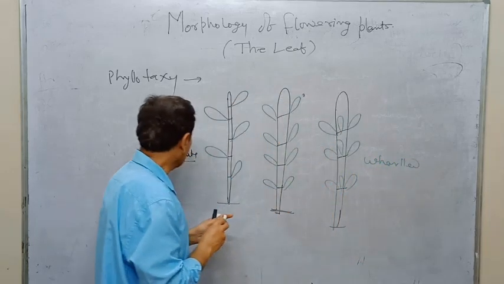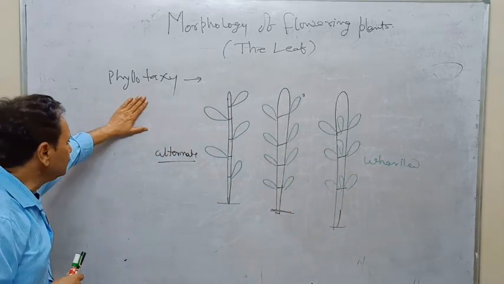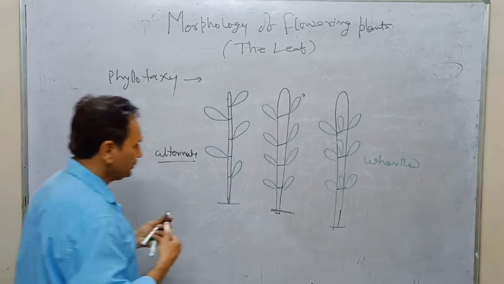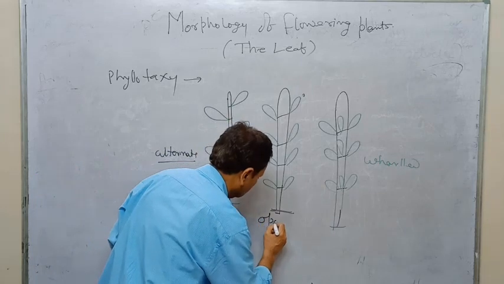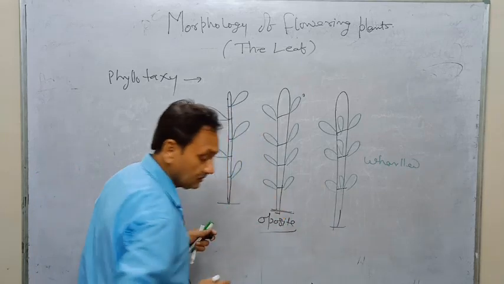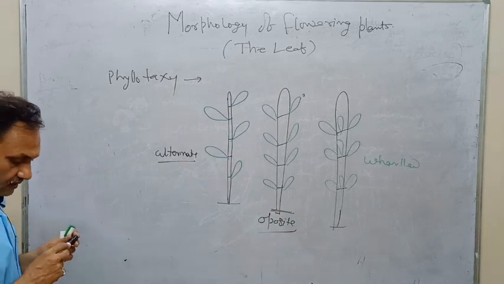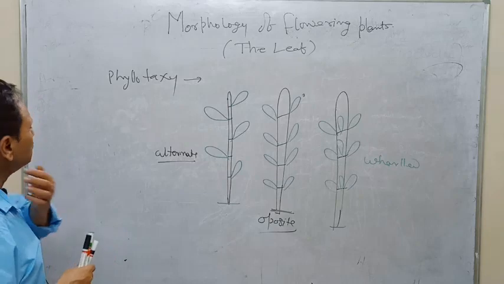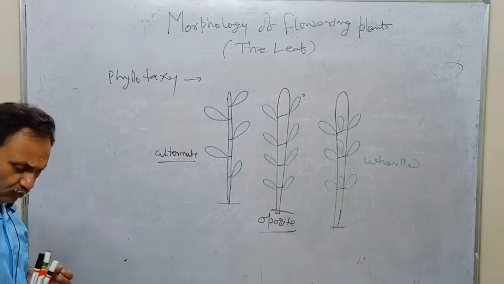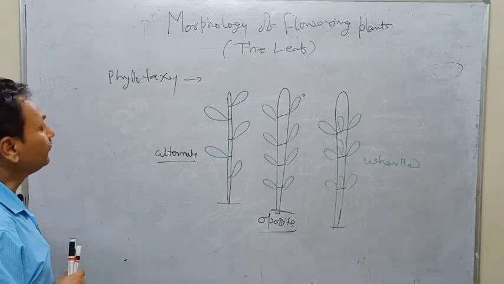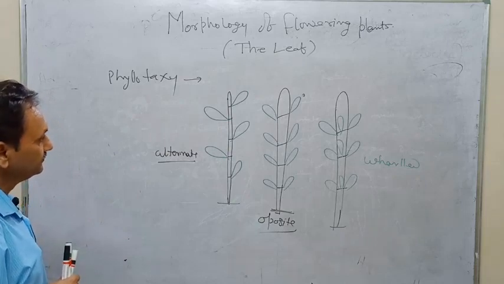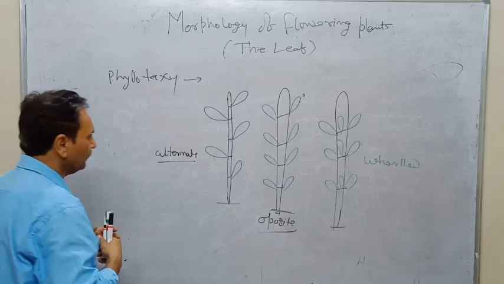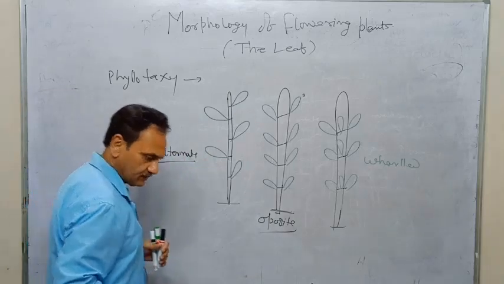So overall we can say that typically phyllotaxy is of three types: alternate, opposite and whorl. Opposite may be of two types, called superposed and decussate, on the basis of the alternate arrangement of the opposite leaves.